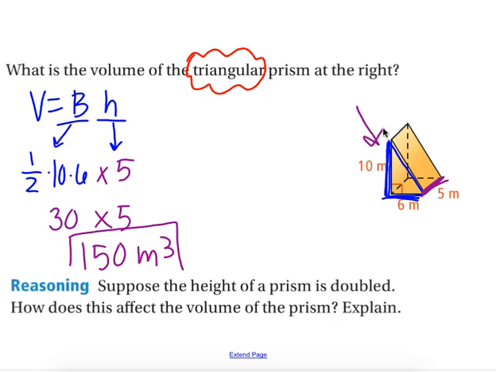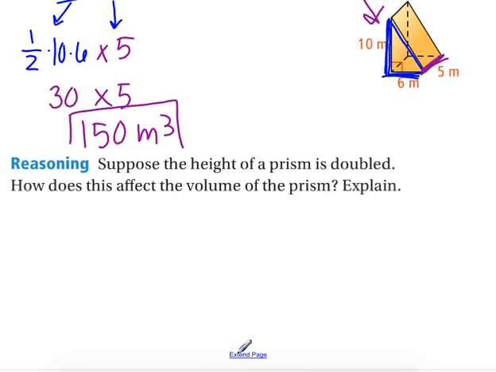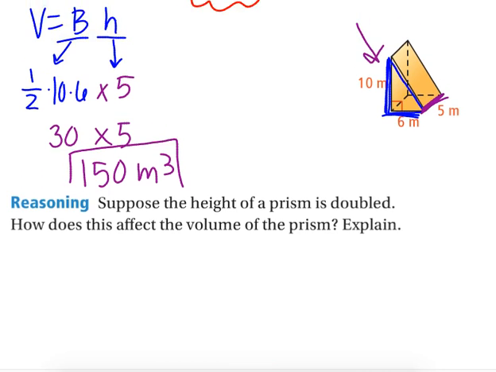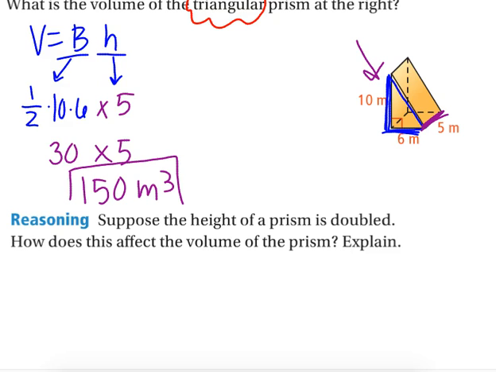Another reasoning here says, suppose the height of a prism is doubled. How does this affect the volume of the prism? Well, let's just double the height of this triangular prism here and see what happens. So instead of taking 30 times 5, let's take it times 10. Let's pretend that this went back 10 meters instead of 5.